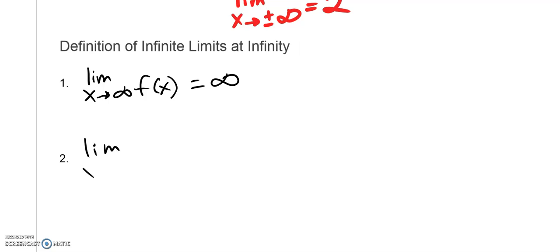You can also take the limit as x approaches infinity of a function and get negative infinity. So those are two different outcomes. Again, those are probably the better answers, but sometimes it's also called undefined or unbound. Just be familiar with all of the terminologies around this idea of limits at infinity.